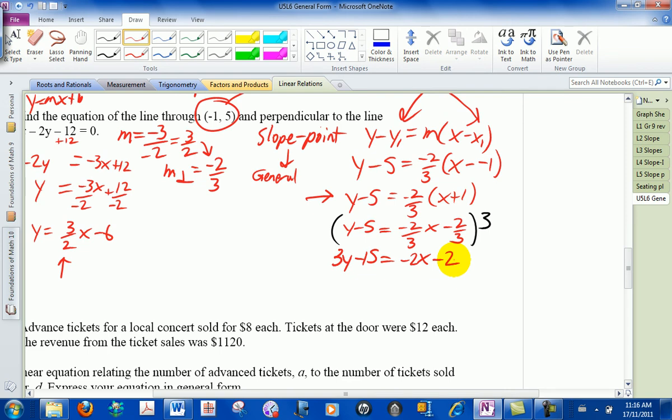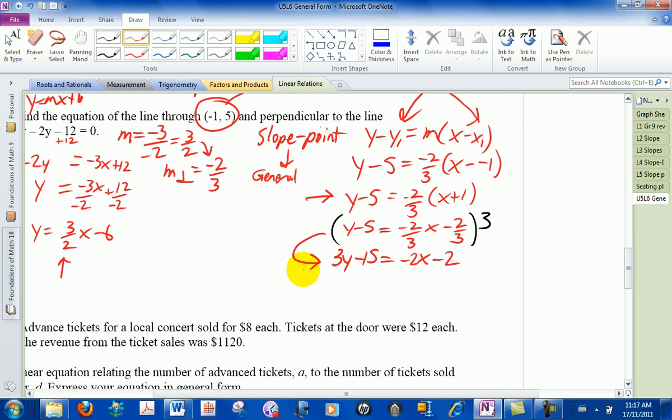Everything has to get multiplied. You okay with that? Did I skip some work? Yep. If you need help with this step, see me and I'll show you exactly what I did. Okay. All right, finish it off. Put your x's, everything, to the right or everything to the left. Your choice.